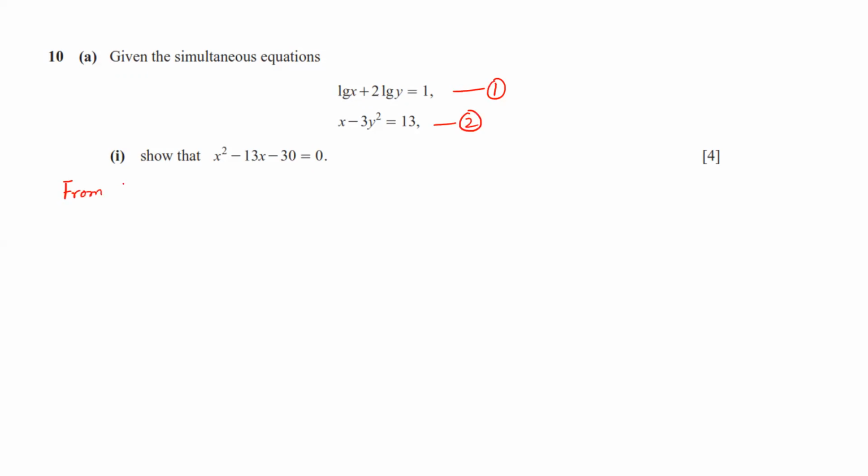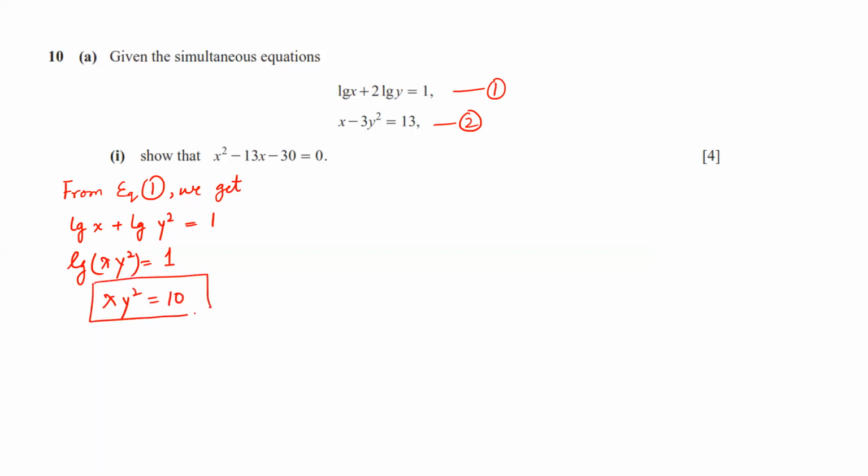From equation 1, the two logs are multiplying, so we can write it as log of x plus log of y squared equals 1, and these two logs multiplying can be written as log of x y squared. Removing the log, it will be something like this. Let's call it equation 3.